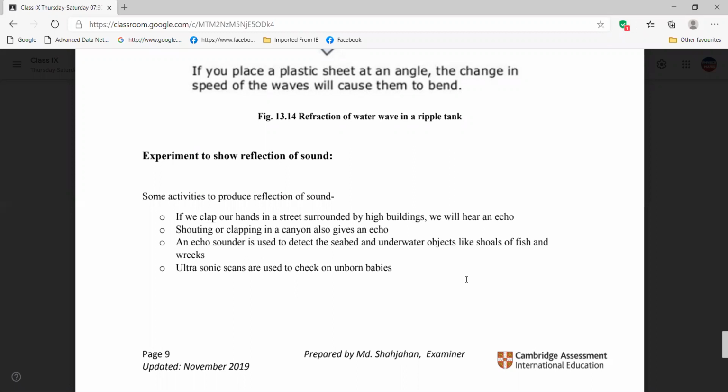Yes, so we understand that sound is reflecting back. If you are changing your house anytime and your house is without any furniture, if at that time you clap or make any sound, you will hear the reflection of sound, an echo coming from the wall. So the sound can reflect back.